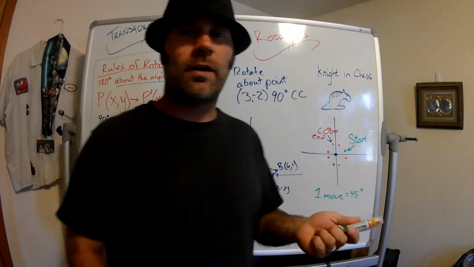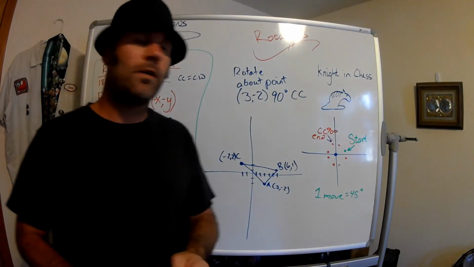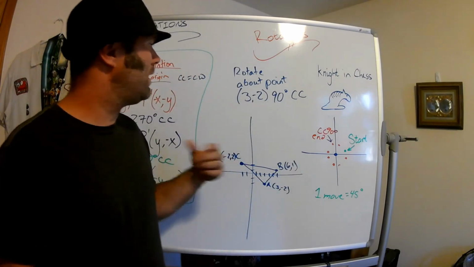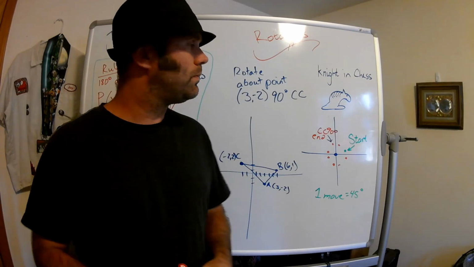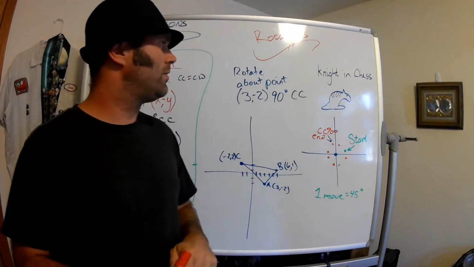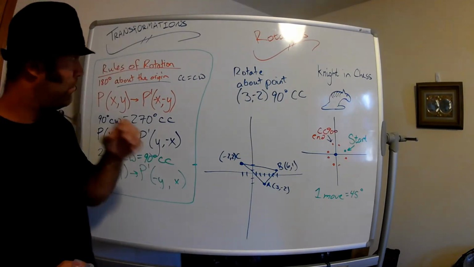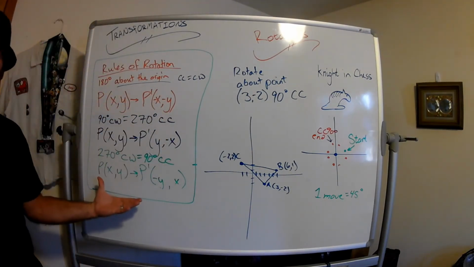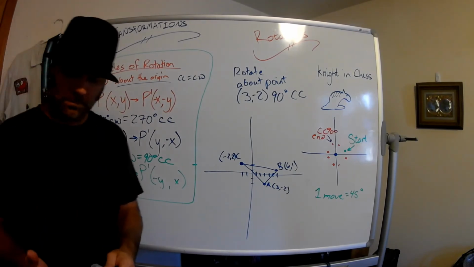All right, so here's our last problem. And this one is a little bit different in that we are rotating about a point. And that point is 3, -2. And we're rotating counterclockwise 90 degrees. So notice all of these rules here only apply to rotating about the origin.